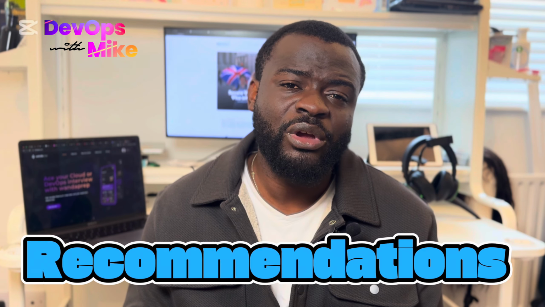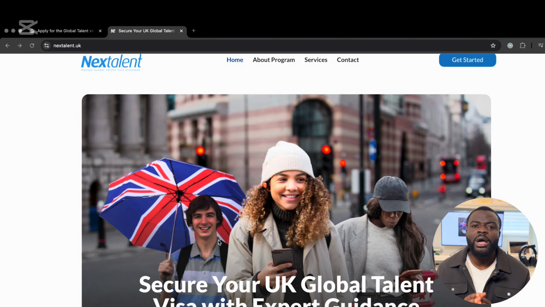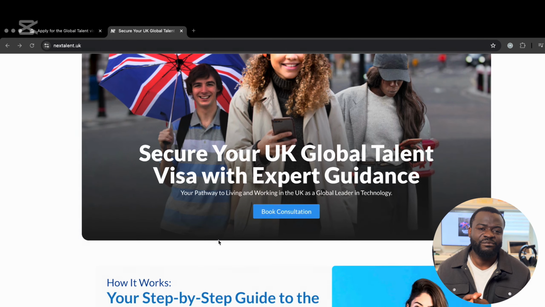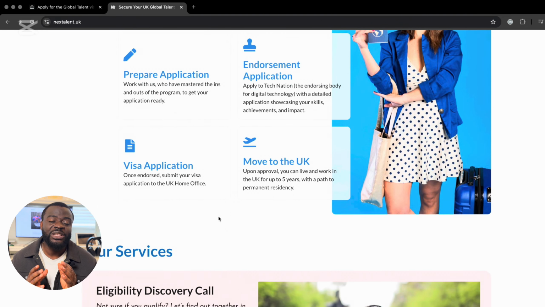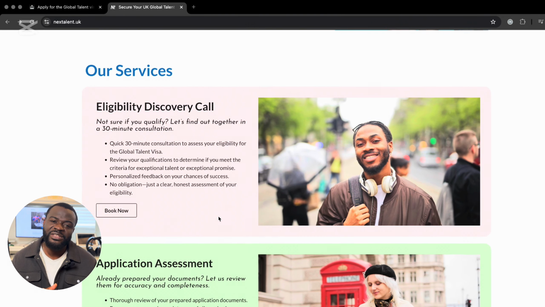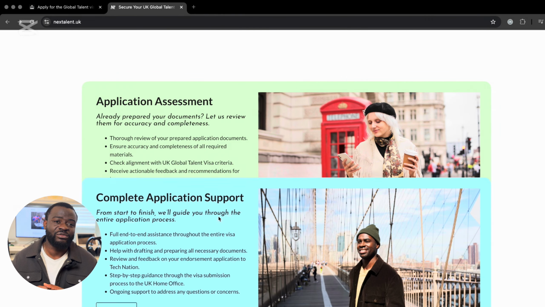If you're interested in going about this visa, what are my recommendations for you? I personally used this website, Next Talent, that gives a lot of information on how to go about the Global Talent Visa. They have a lot of simplified steps you can use to effectively get yourself this visa. Again, the visa is not available to just anyone.